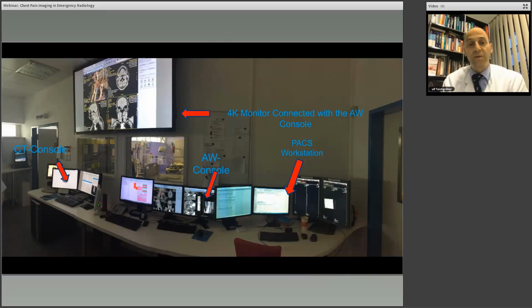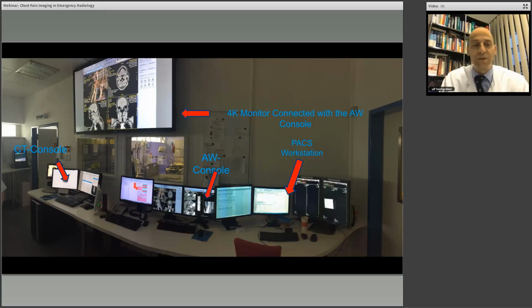This is our console room, and as you can see, we have an advanced workstation console right next to the PACS workstation console, and also a large imaging display. This is so that all referring physicians, especially in trauma management, don't have to look at a small image while the radiologist is reconstructing and preparing the images, so they can really follow the whole case.